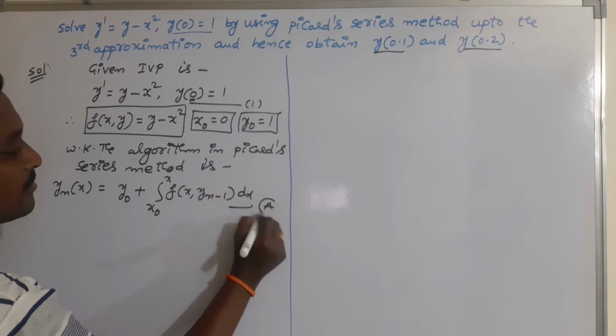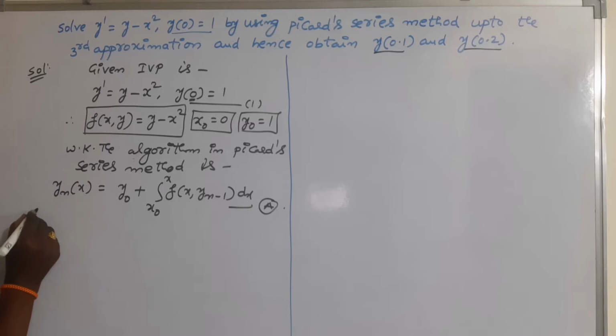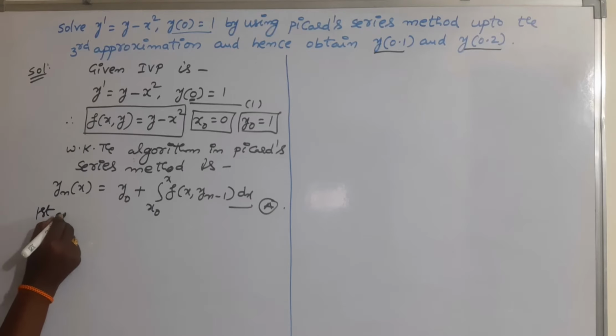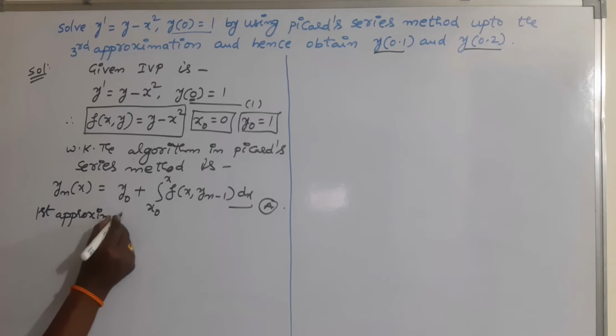Okay, take it as equation number capital A. So by replacing n is equal to 1, you will get first approximation for the required solution.